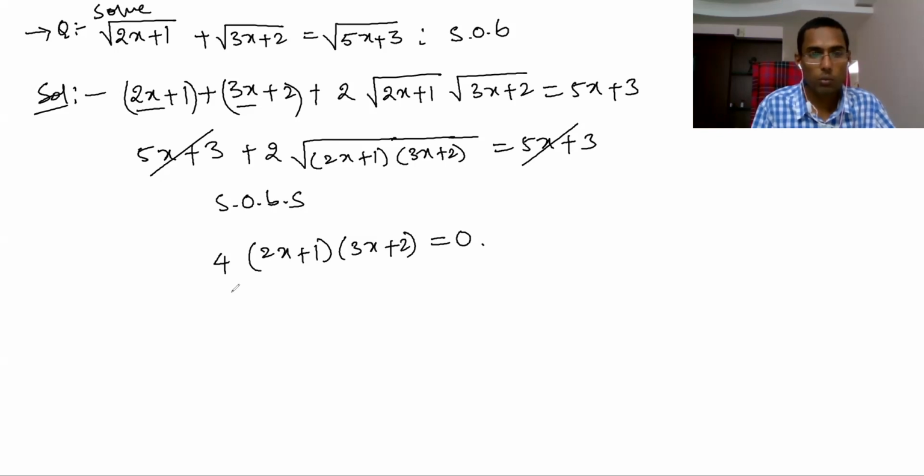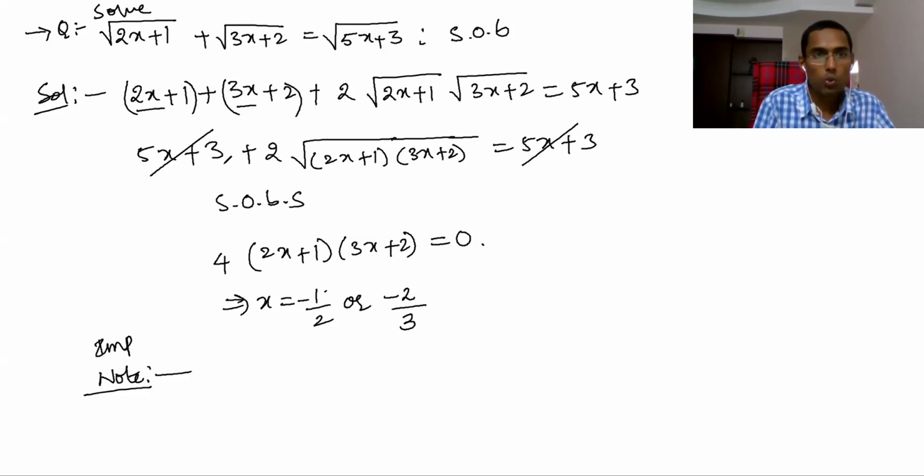Alright. So that implies x equal to either minus 1 by 2 or x equal to minus 2 by 3. But in these types of questions, a very important note you need to remember: when a square root comes, you have to substitute and check whether it is satisfying or not.